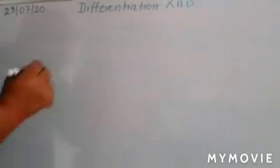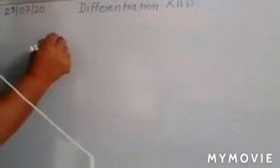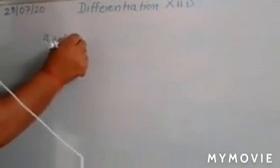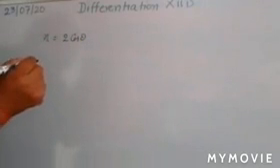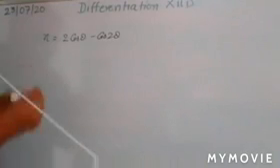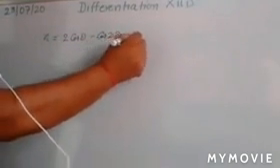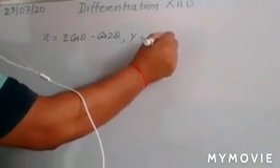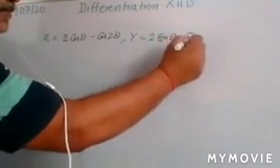X is equal to 2 cos theta minus cos 2 theta, and y is equal to 2 sine theta minus sine 2 theta.